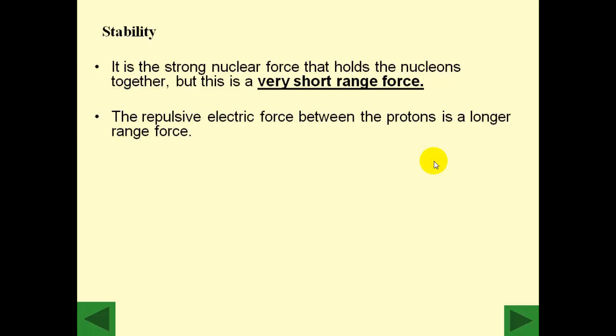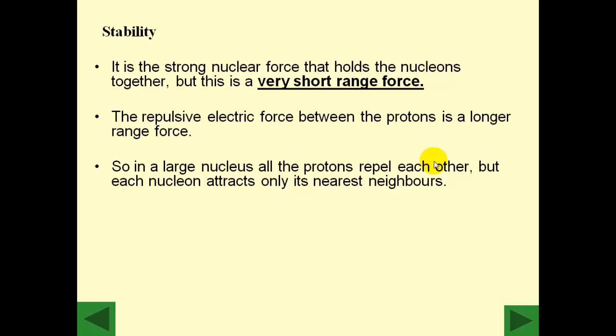The problem with the electrostatic force is that it works over a long distance. It's got a long range. So the strong nuclear force has a very short range, and the electric force has a longer range.